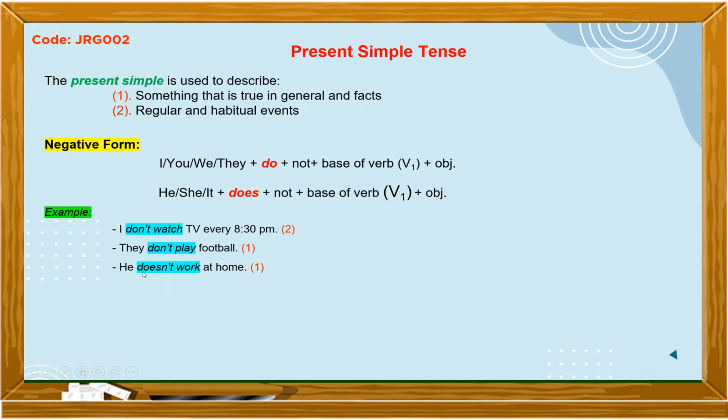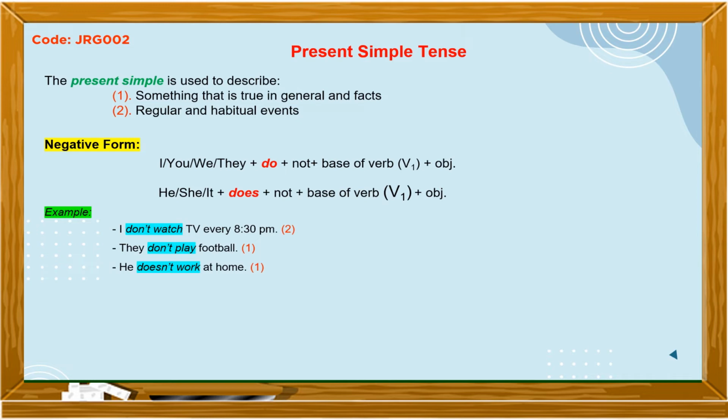I write it in short form, so doesn't means does not, and then followed by verb. Verb here we call the base form of verb, and then followed by the object, at home. So example number 3 also follows the form. And this one I mark number 1, referring to something that is true in general as well, meaning that he doesn't work at home. Probably he works at the office, or he works at his company, something like that.